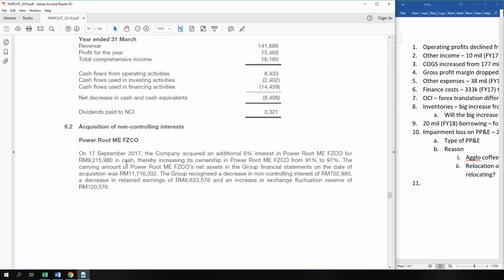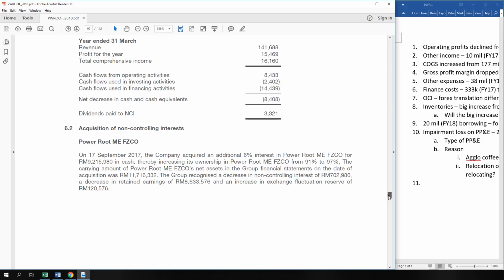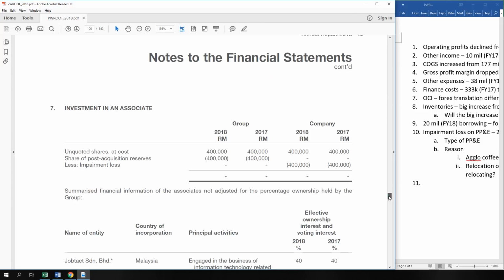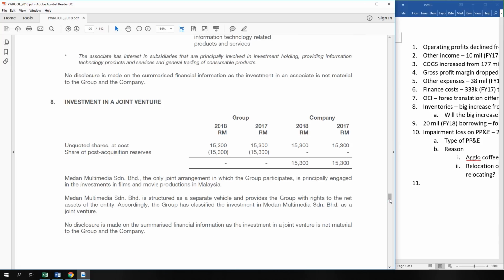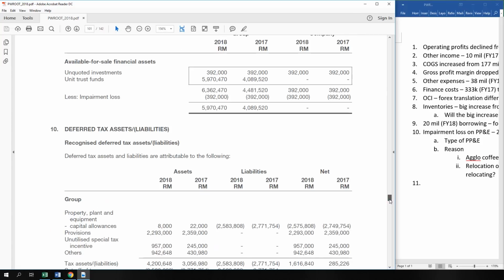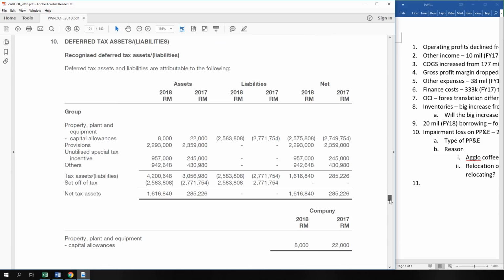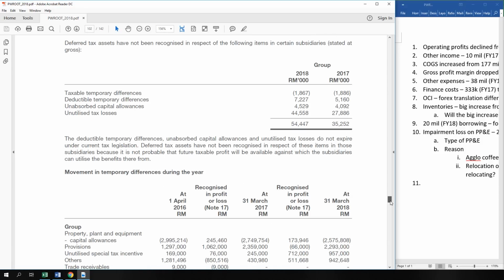Alright, nothing special here. We already have the answer. Investment in associate. Nothing much. Deferred tax asset. It's not really important. It's just the paper figures.